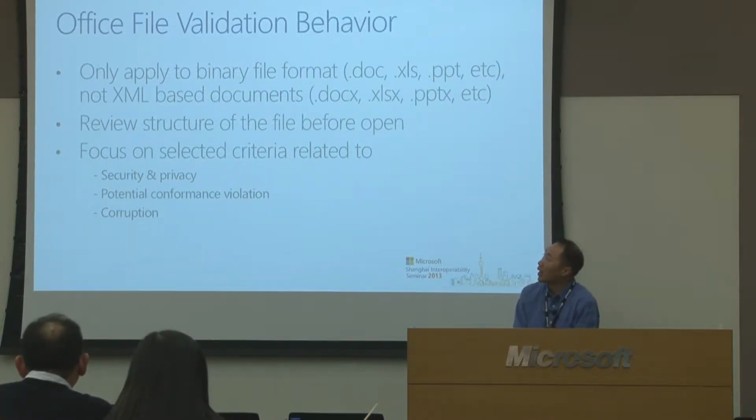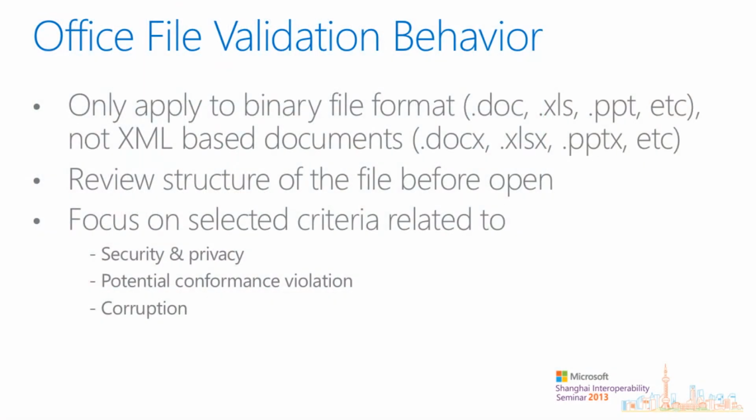As for the behavior, OFV only applies to the binary file format. It doesn't do anything with the newer XML-based formats. OFV is loaded before the document is opened. So when you first double-click to open a binary file format document, OFV is loaded first, and it will scan through the file before the Office application opens the file.